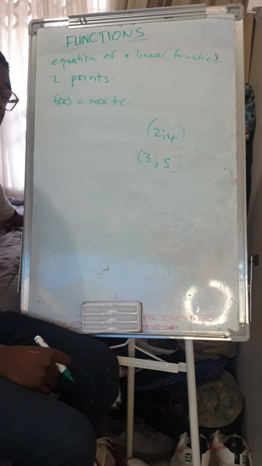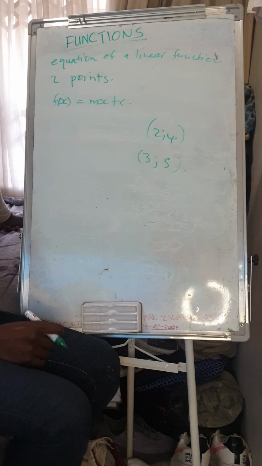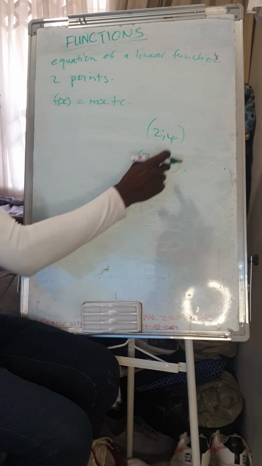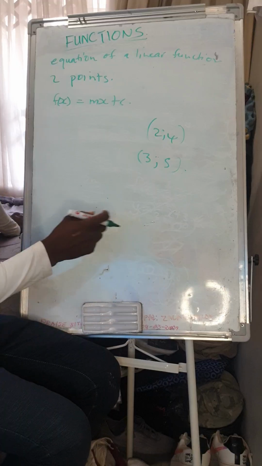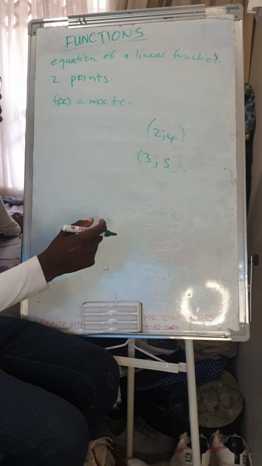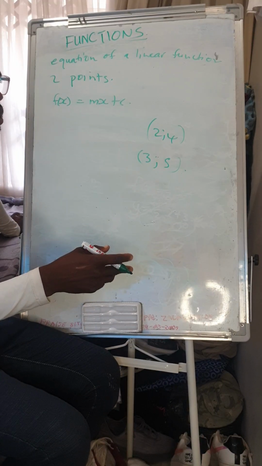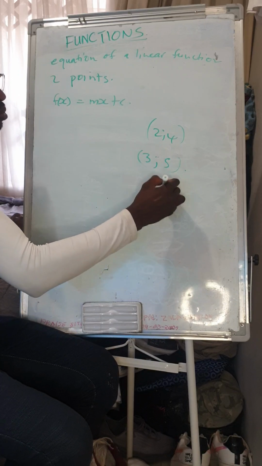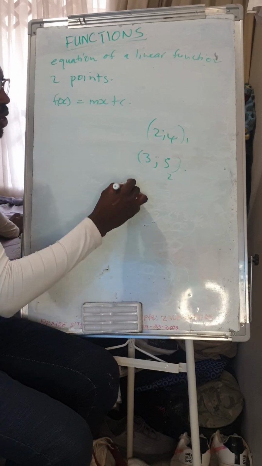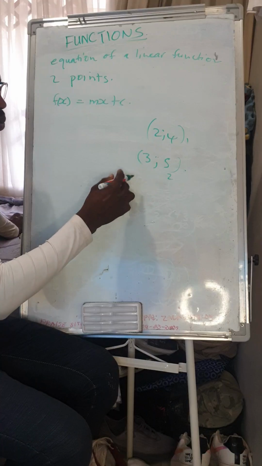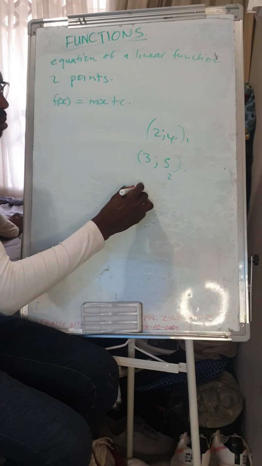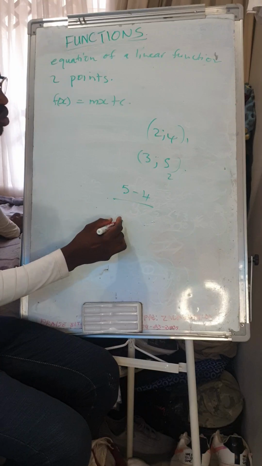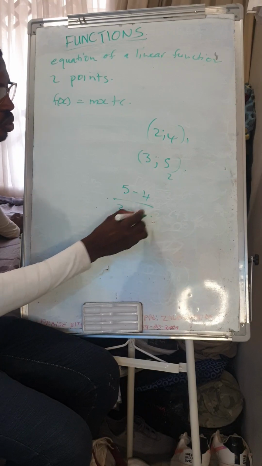Now there are 2 methods here. You can deal with that simultaneously, or you can deal with finding the gradient first. Let's find the gradient. Simultaneously, you will have to find out how it works by yourself. This being our 2 and this being our 1, we'll have y2 minus y1, which is 5 minus 4, divided by 3 minus 2.